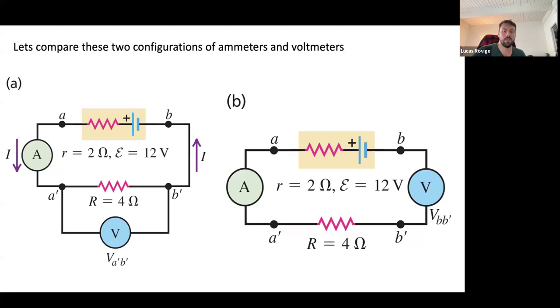Otherwise, it ends up not being an interesting measurement. So let's consider these two cases. It's similar circuits, but in one case, we put our voltmeter on both ends of the resistor, in parallel with the resistor. In the other case, we put it in series in our loop.